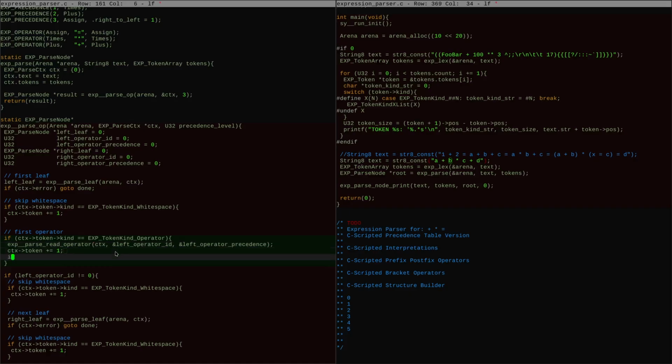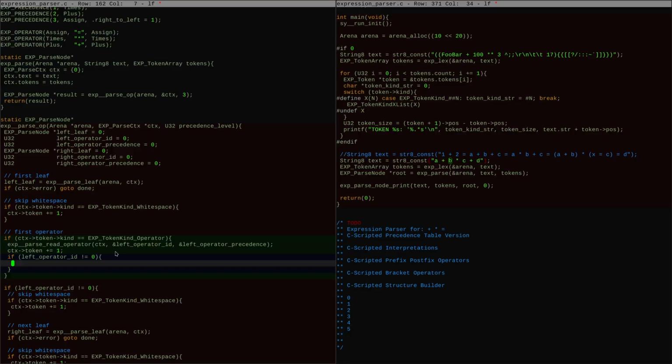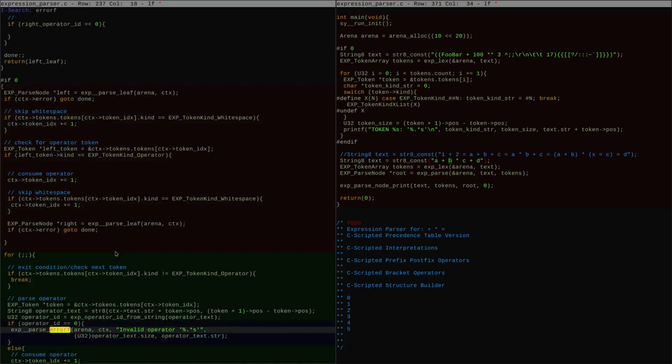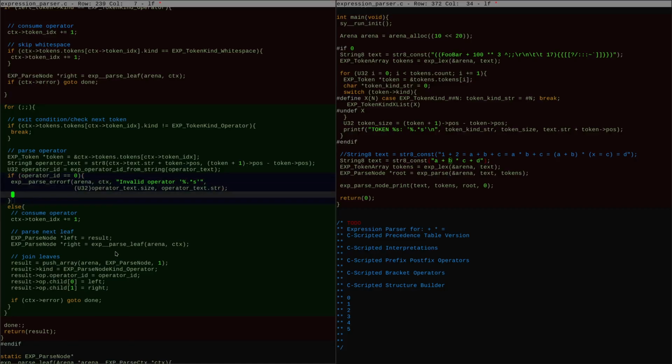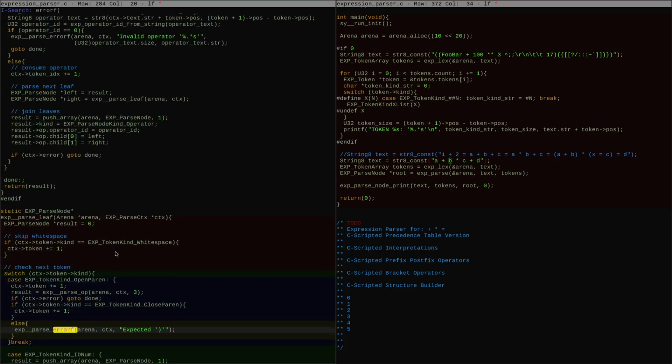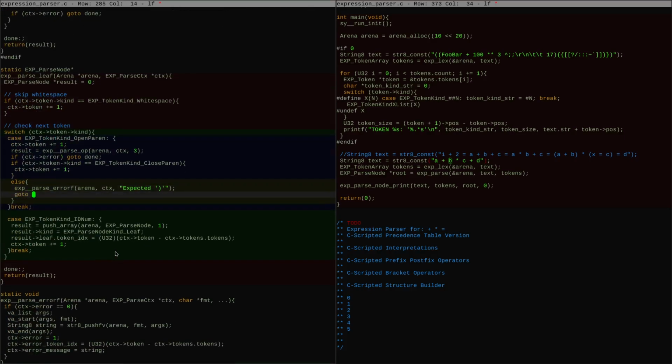If left operator ID does not equal 0, parse error f. These should include a go to done. Whenever you emit an error, then you should immediately be going to done if you weren't already.